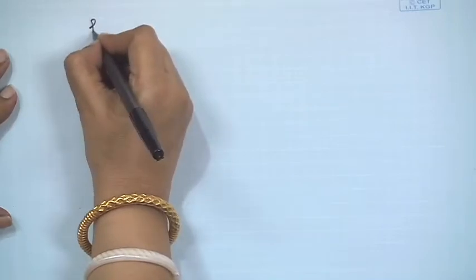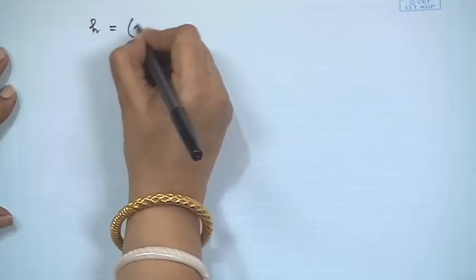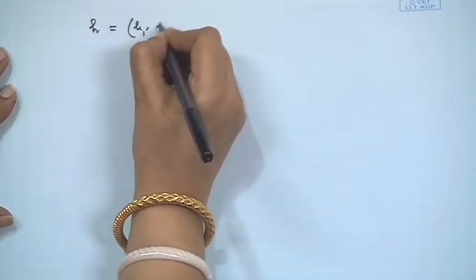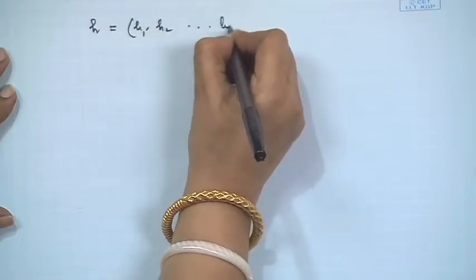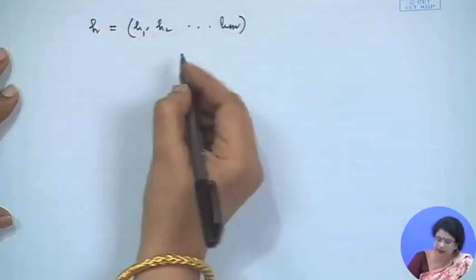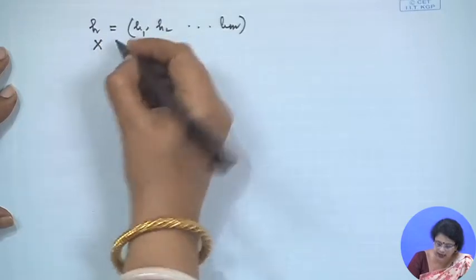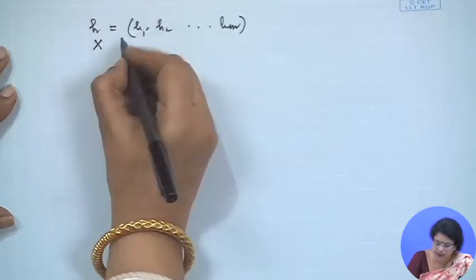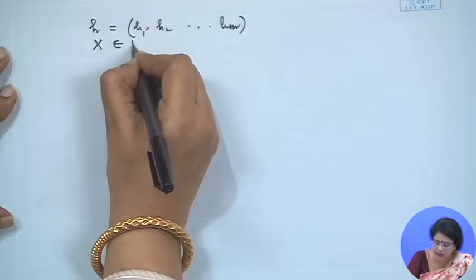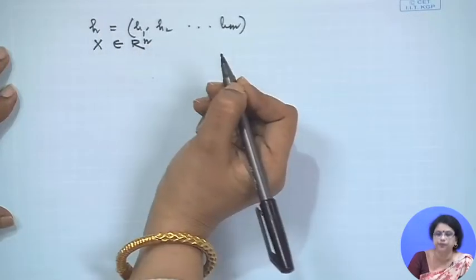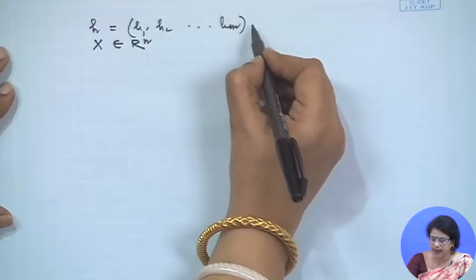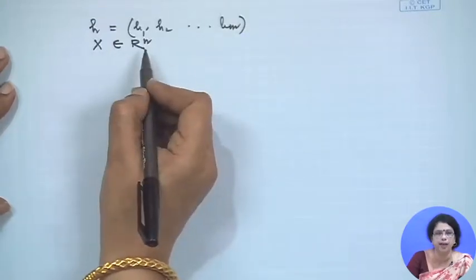Now, we know H is equal to H1, H2, up to Hm. There are m number of constraints, and these H1, H2, Hm are all functions of x which belongs to Rn, alright. That is why m number of constraints, n number of variables.